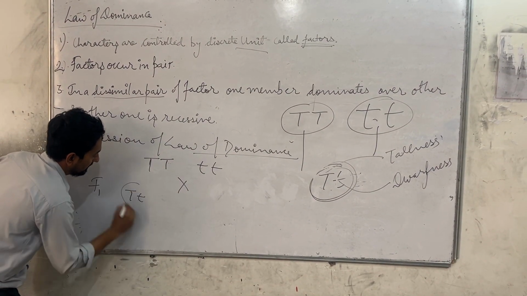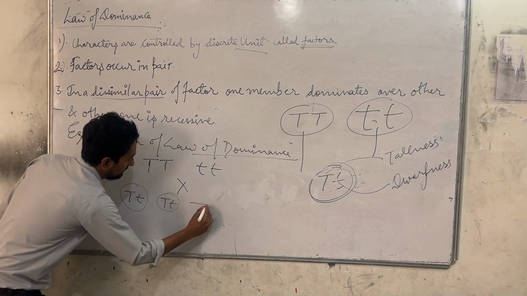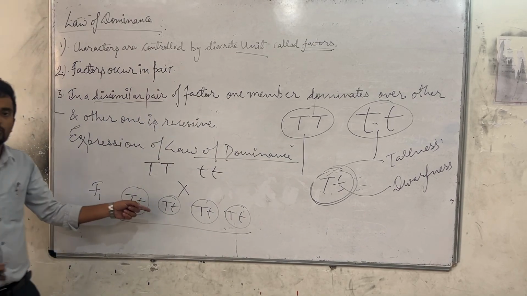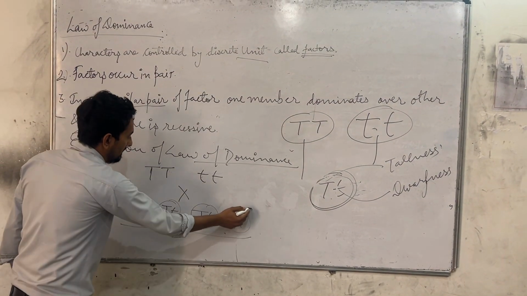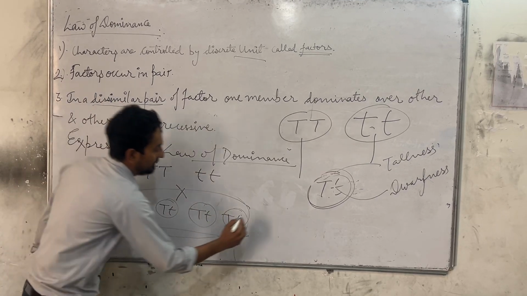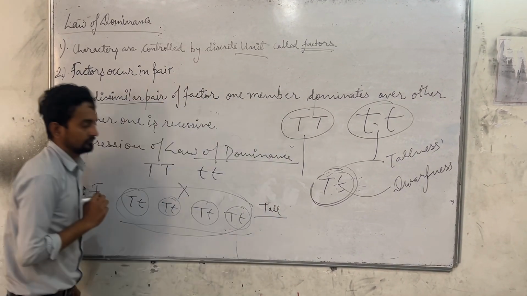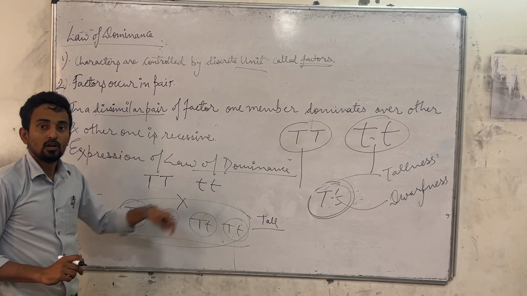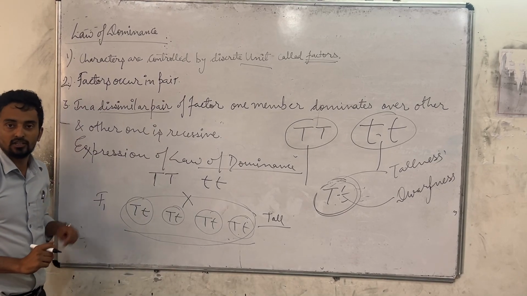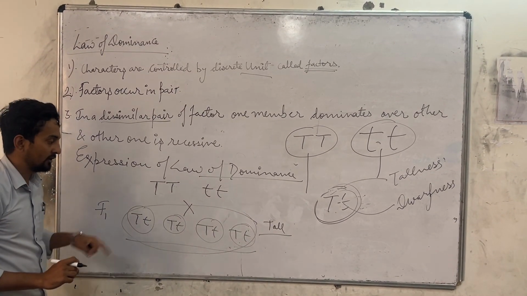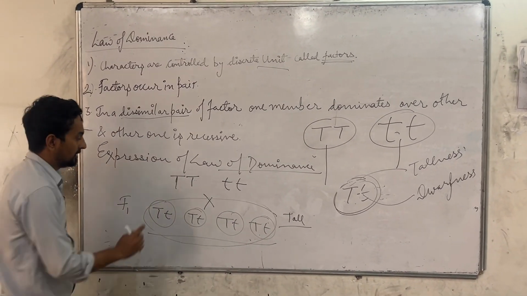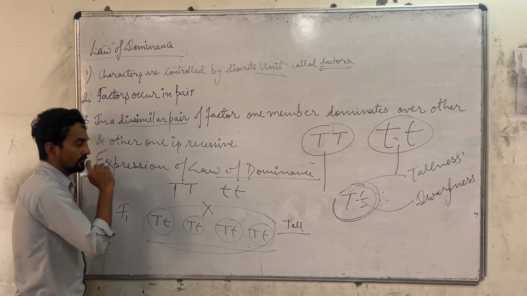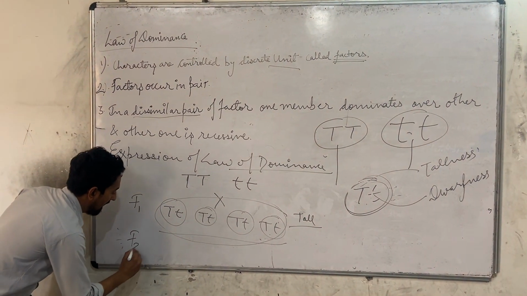We find capital T small t, and capital T small t. These are all heterozygous, which means all these plants will be tall. So what is the idea behind it? It means tallness dominates over dwarfness in the F1 generation. After the first cross, tallness dominates over the second factor, which is dwarfness.